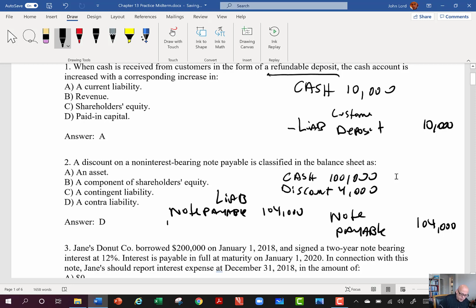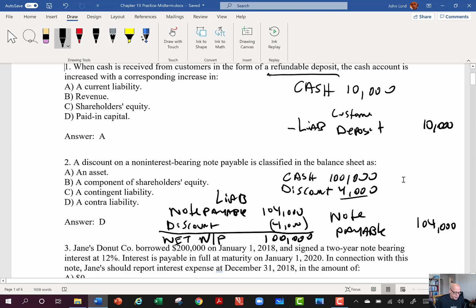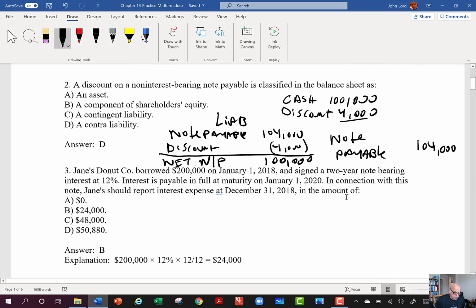Then I would report the discount of $4,000, discount on note payable. And then I would show the net note payable of $100,000. Of course, I would then amortize that discount into interest expense over time, which I'm going to show you on this next problem.